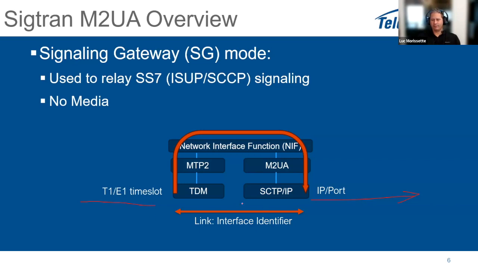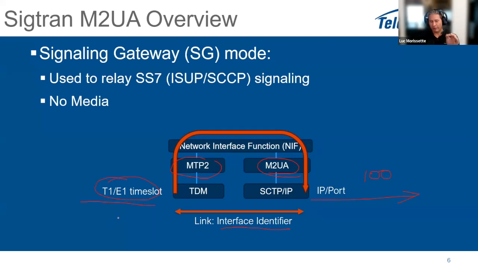The reference between the MTP2 links here and the M2UA links here is what we call an interface identifier. So on this network here, you will have a reference, let's say, for example, 100 here. So this interface identifier will be presenting this particular MTP2 link.